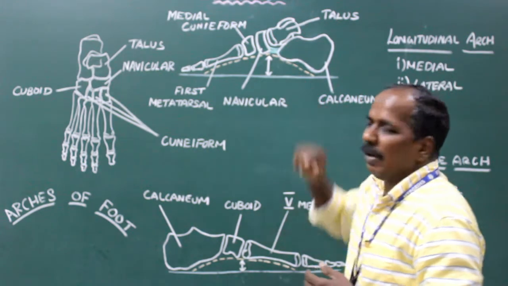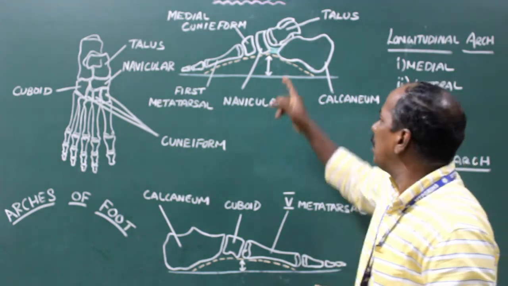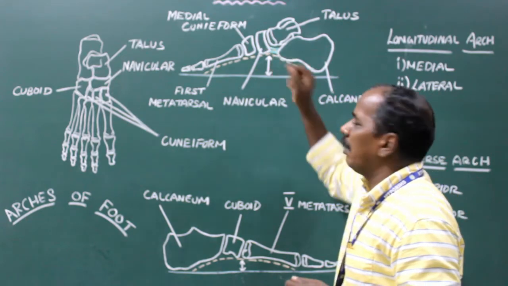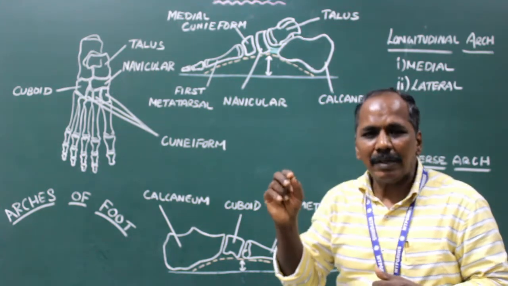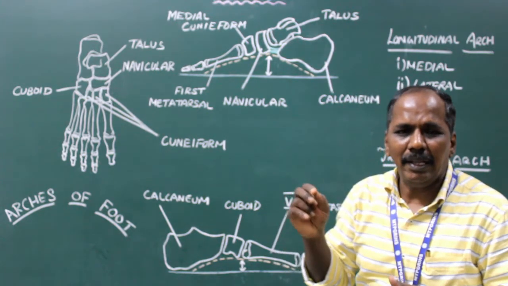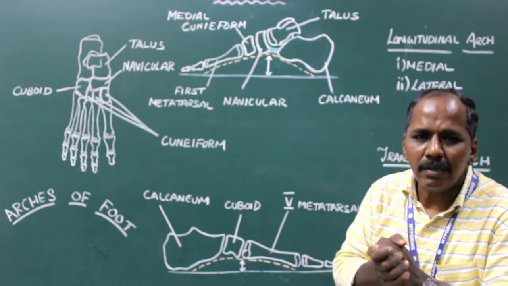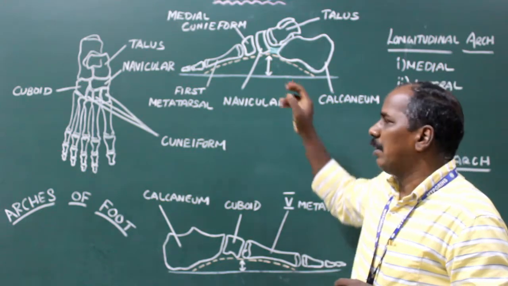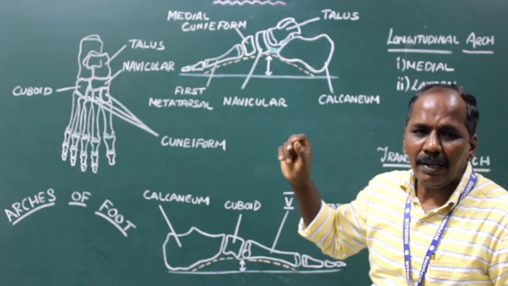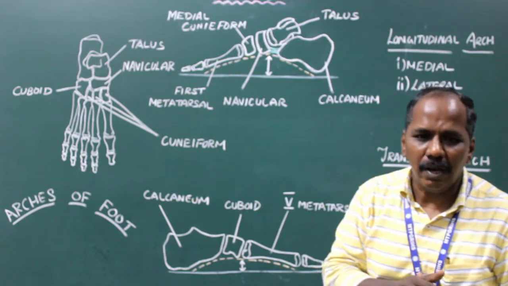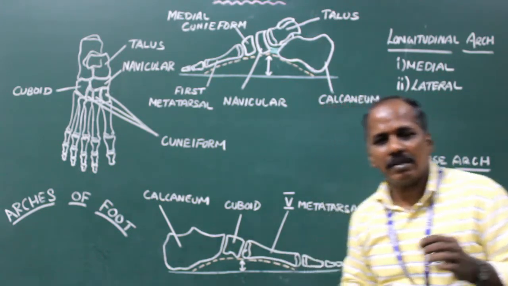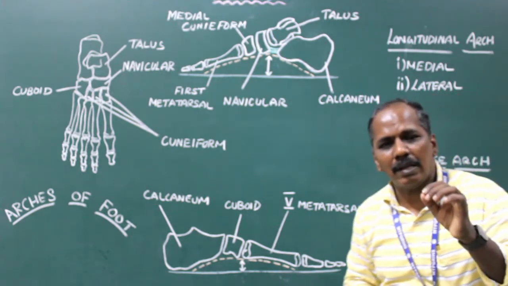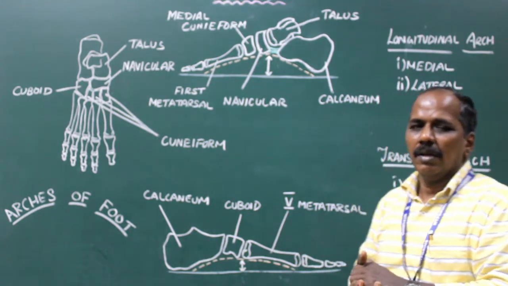The spring ligament or plantar calcaneonavicular ligament and the ligaments connecting adjacent tarsal bones are responsible for maintaining the medial longitudinal arch. In lateral longitudinal arch, the ligaments are long and short plantar ligaments.